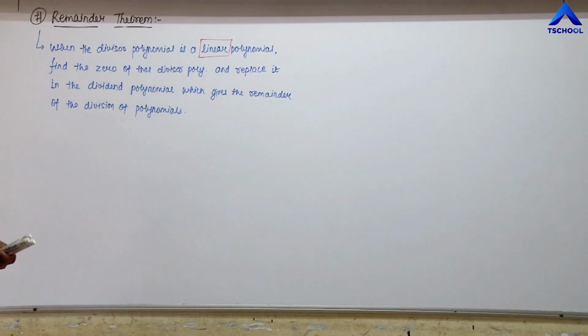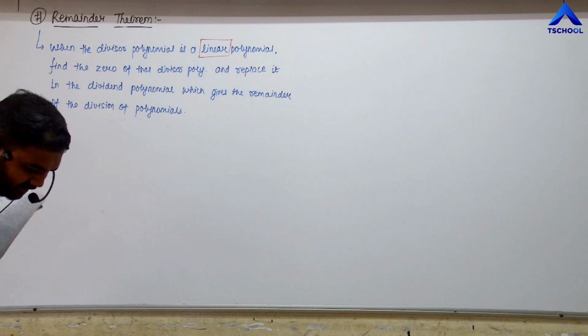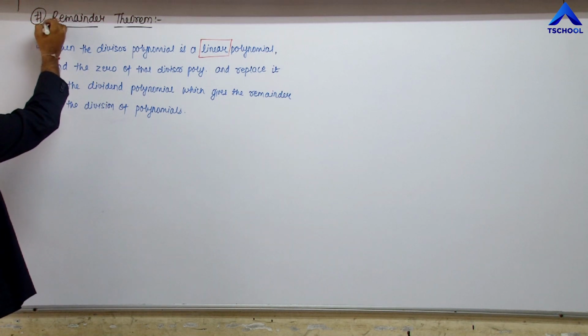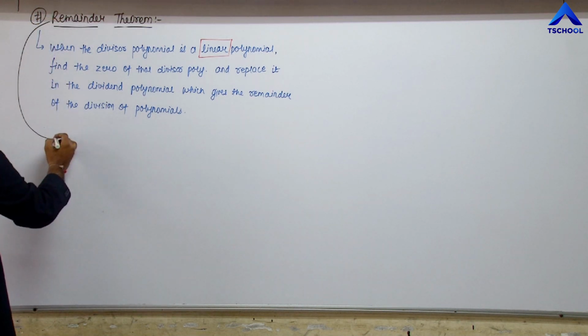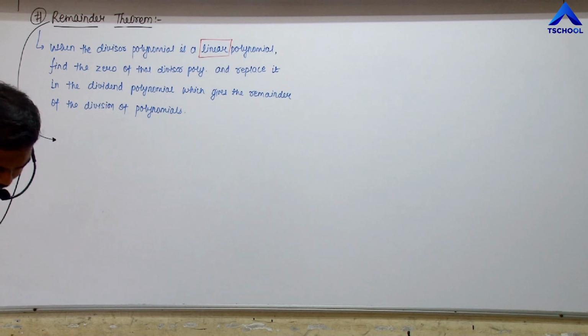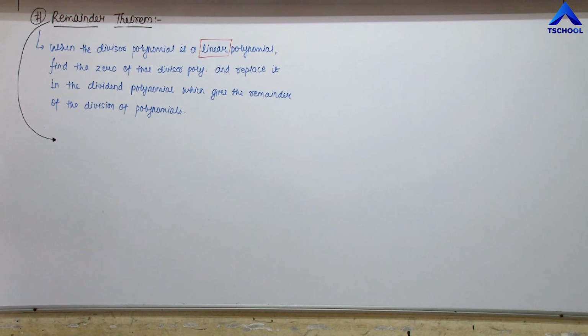Now this I have written in my own words. Now the theorem that we are having here, the remainder theorem, the statement of the remainder theorem goes like this. Here I am going to write down the statement of the remainder theorem.